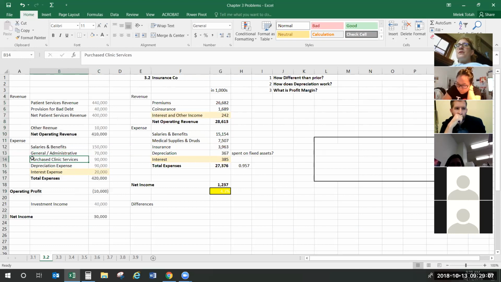Some bundle them in a big line like general administrative, and some call them out. There are usually reasons for how things are classified. It's about how their investors look at it, how they're managing their lines of business and their expenses. It could be lots of different reasons.